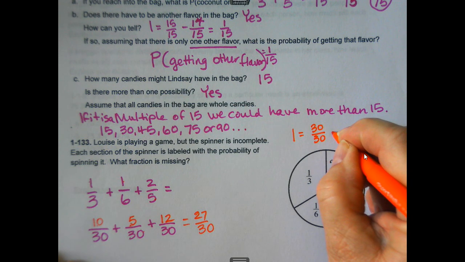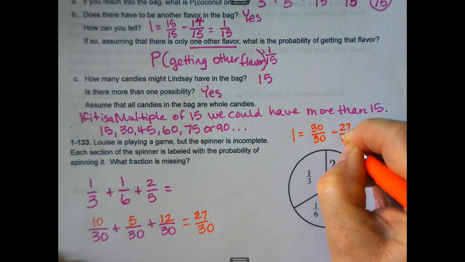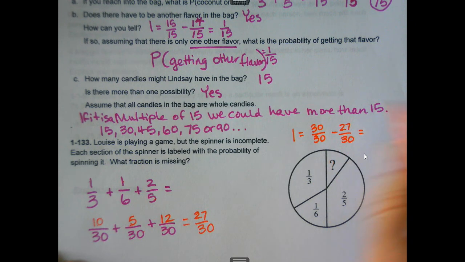And if I subtract what I know down here, 30 subtract 27 gives me 3/30. I like to simplify that down, and I know that I can divide each of the numerator and denominator in this answer by 3. 3 divided by 3 is 1. 30 divided by 3 gives me 10.